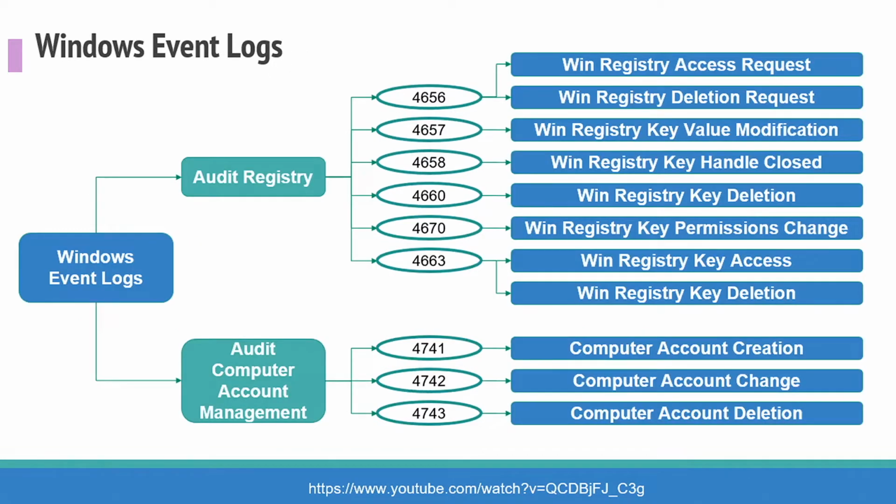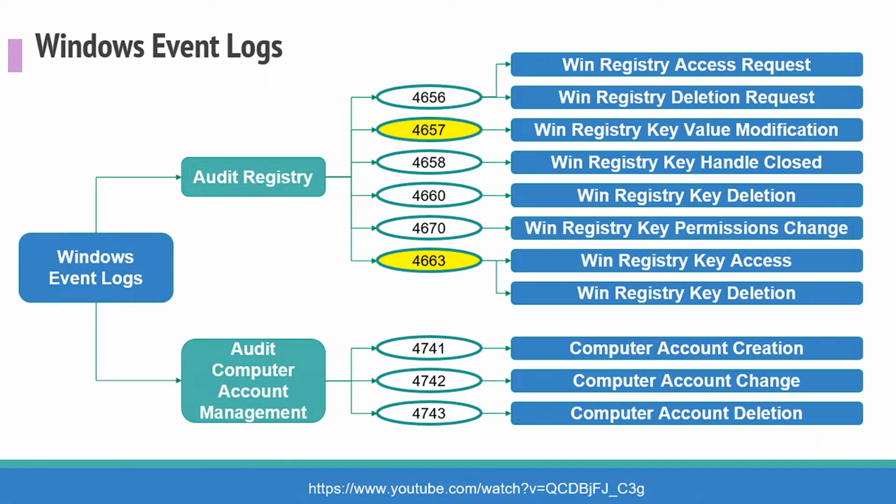So what we did was start trying to segment our events using the audit categories and subcategories of the event logs. For example, let's focus on the audit registry piece of this data.